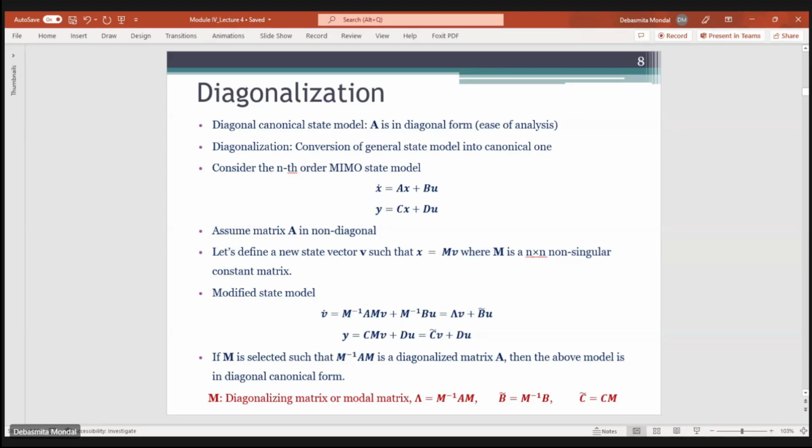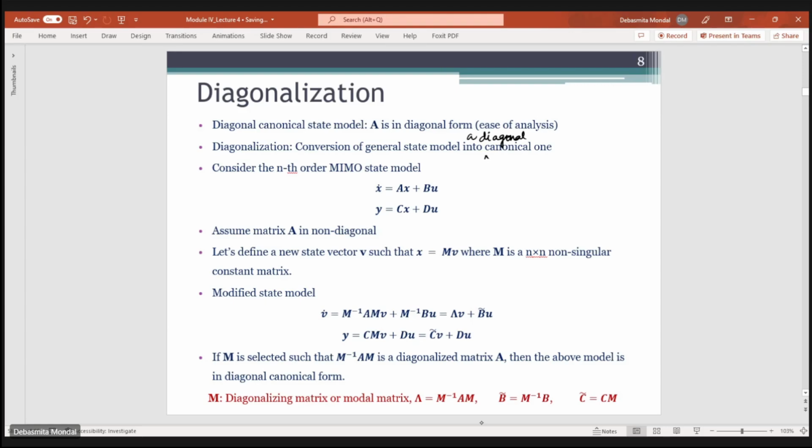We'll see how we can modify that state equation and come up with a modified version of the state equation where the matrix A is in the diagonal form. This process of conversion of a general state model into a diagonal canonical one is known as diagonalization.